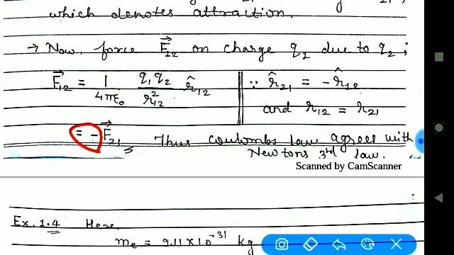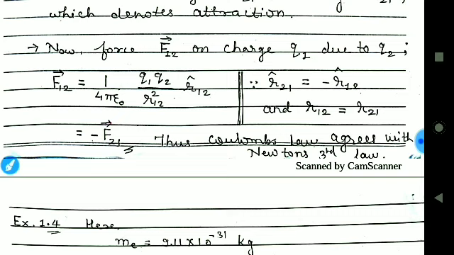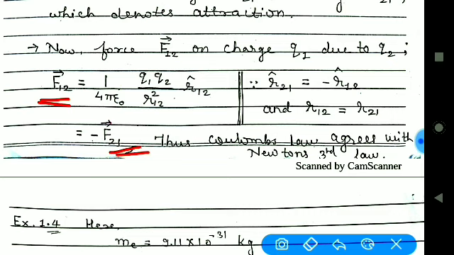So finally we can say that the magnitude of the forces, remember magnitude, that is force on 1 by 2 will be equal to force on 2 by 1. We can write like this, that force on 1 by 2 is equal to force on 2 by 1 in terms of magnitude.